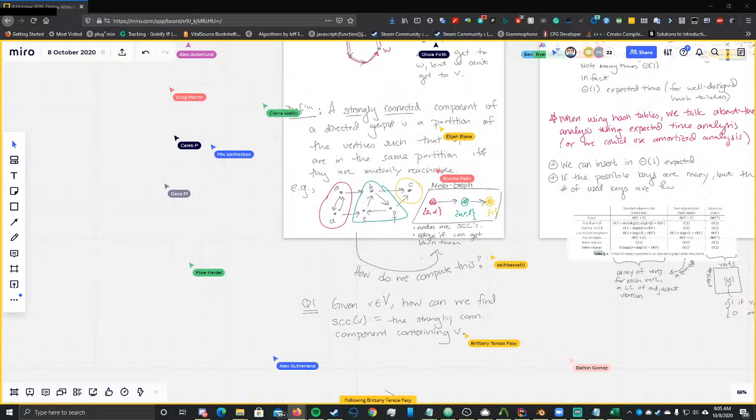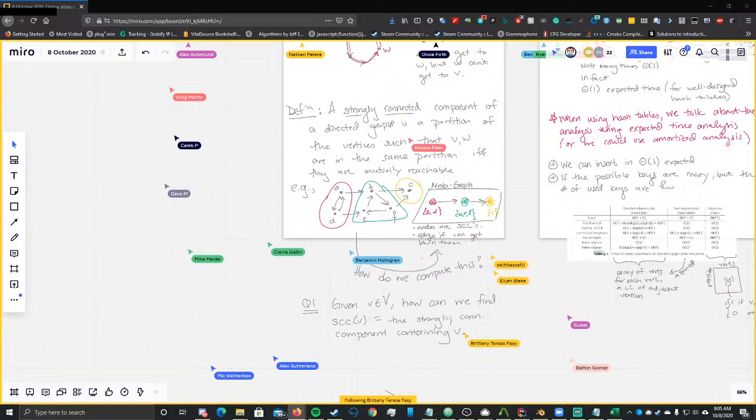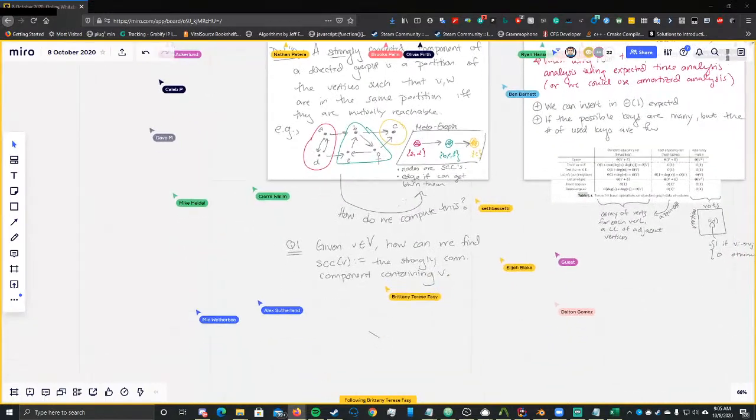Does anyone have a guess of how we would approach this? I guess we could do a depth first search, or really any kind of search from V, and then mark all the nodes that V can get to, and then do another search starting at each of those nodes and see if they can get to V.